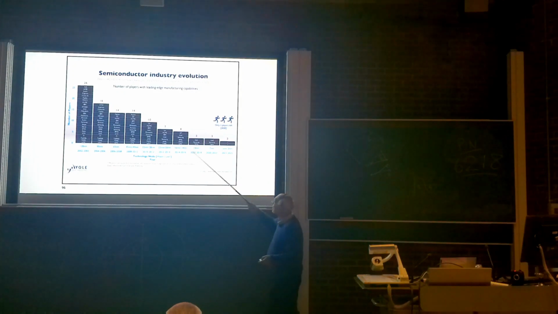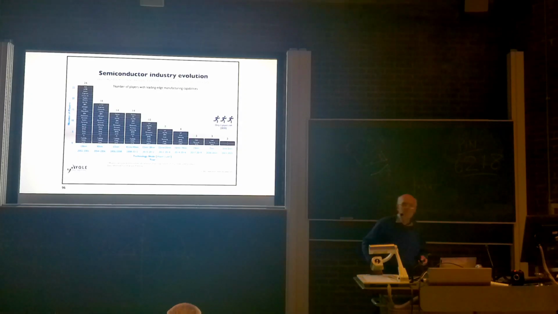Just finally on this, semiconductor industry evolution. All this going to higher and higher density, more and more transistors, is coming at a great price. This is the technology. This is 2002, 2003.